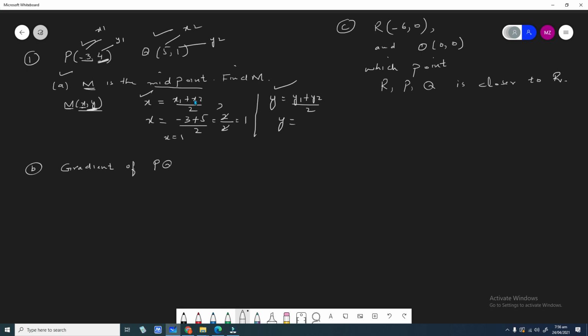This is our y1 and this is our y2, so it becomes (4 plus 1) divided by 2, which is 5 over 2. So our midpoint M has x equal to 1 and y equal to 5 over 2. So this is our midpoint.